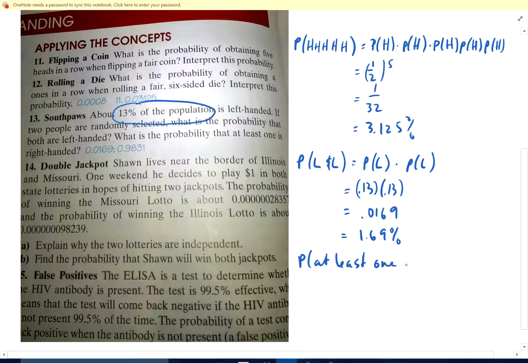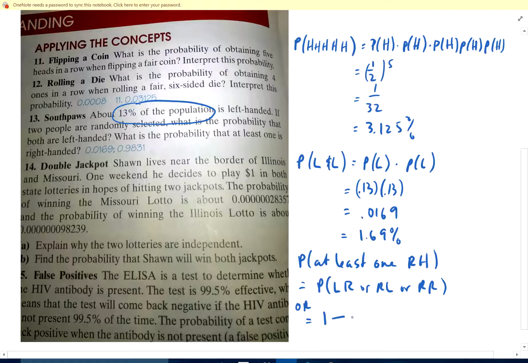And then we have, what's the probability that at least one is right-handed? At least one right hand. Well, at least one right hand, that means I could do left, right, or right, left, or right, right. So I could figure out all those probabilities, but it's actually easier to do it this way. It's the complement.